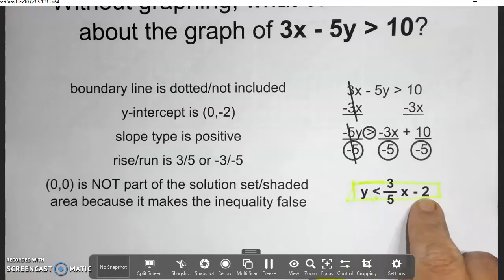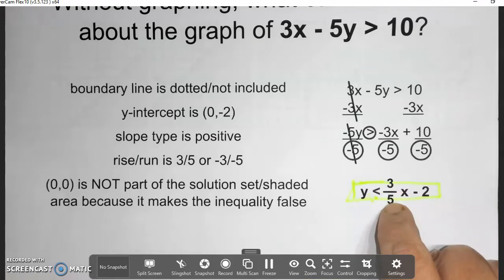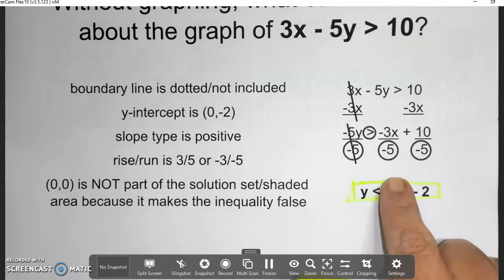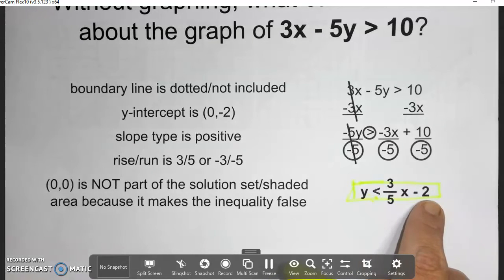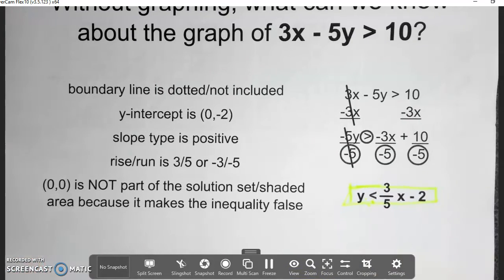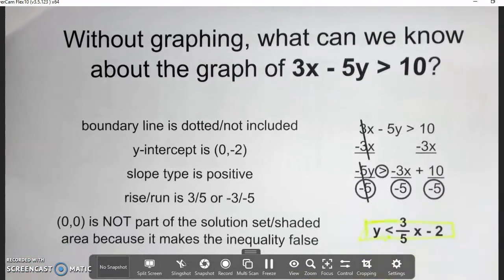We know our y-intercept is (0, -2). We know the slope is positive. It's a rise of 3 and a run of 5, or -3 and -5. And if you plug in (0, 0), 0 is less than -2 is not true. So (0, 0) is not a part of this solution set.